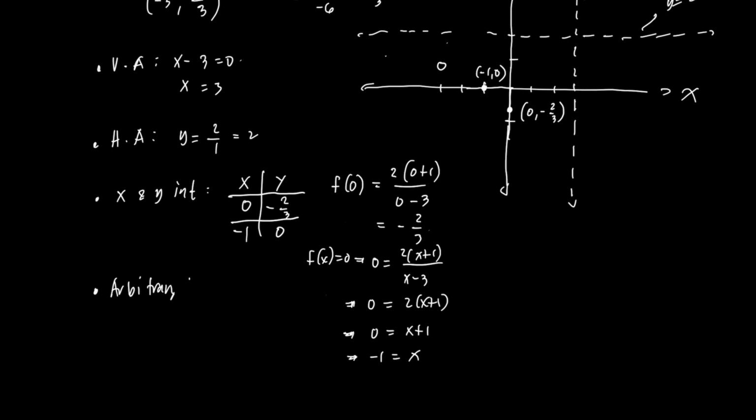Next are arbitrary points. The best arbitrary points that we can get are those near the asymptotes and near the x and y intercepts. If we connect this one here, we have an idea where it's going, but we can use another point to support that.